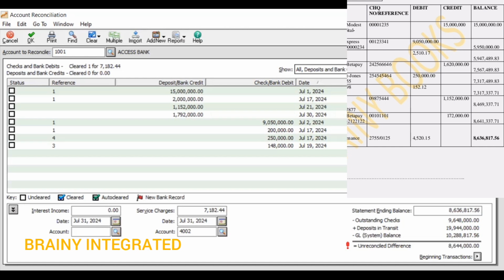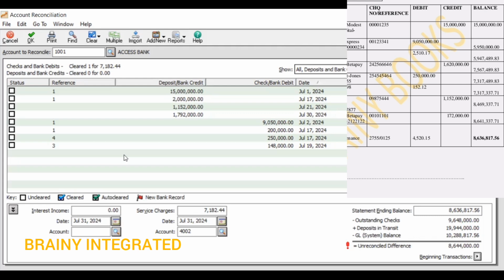That is the balance in the bank statement. All right. Now that we have done that, the next thing to do is to go and select all the transactions that have cleared in the bank account.